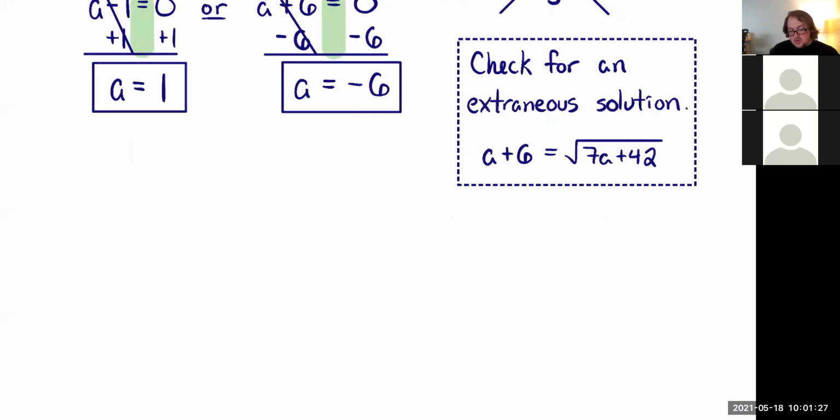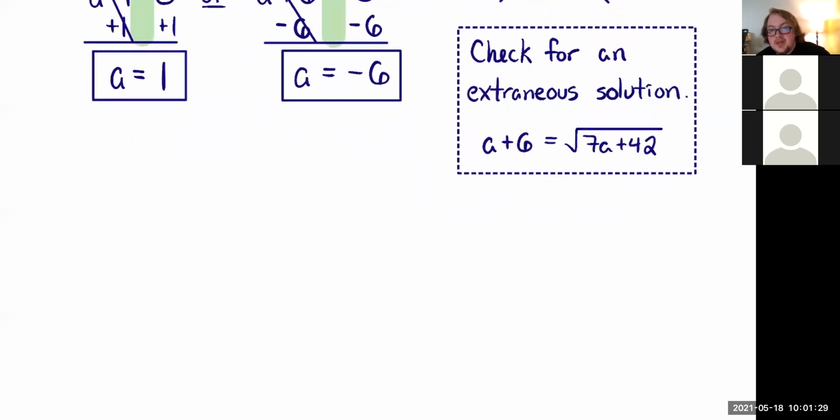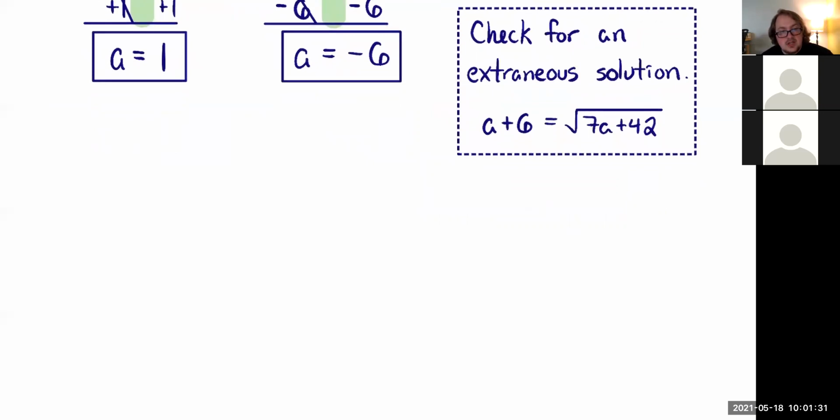So each of these solutions, we're going to plug into that original radical equation, starting with a equaling 1. I'm going to use parentheses to show the replacement. I get (1) plus 6 equals the square root of 7 times (1) plus 42.